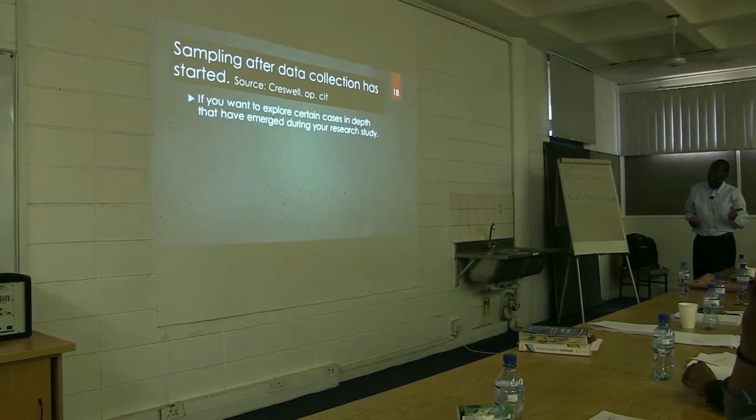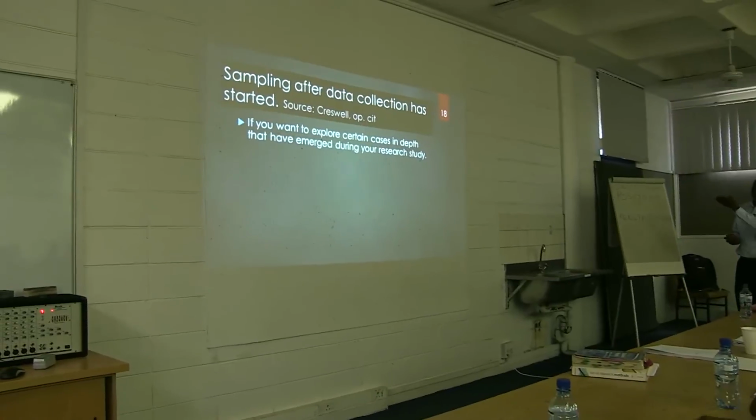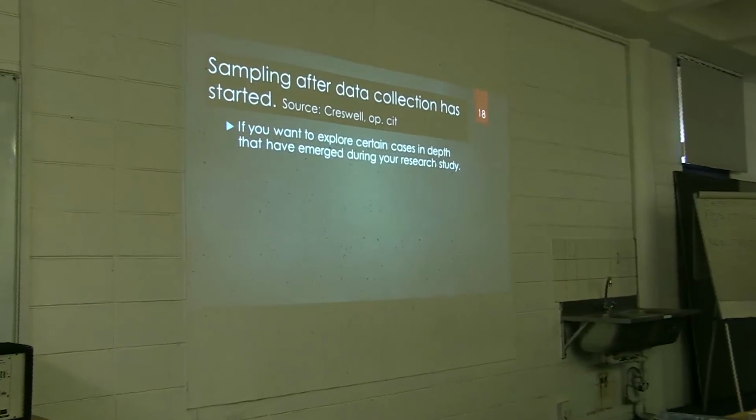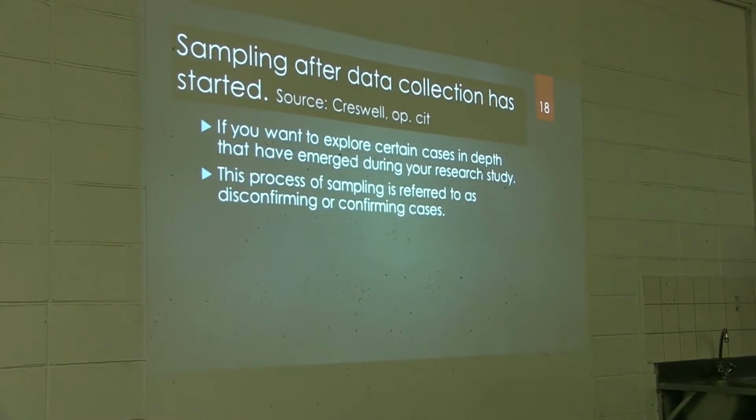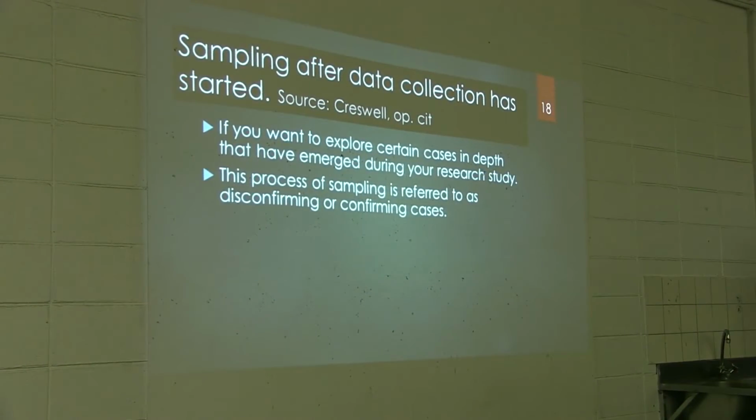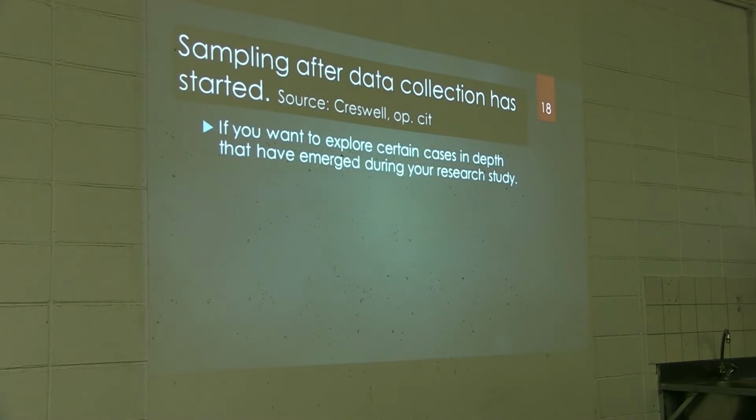Sampling after data collection has started. If you want to explore certain cases in depth that have emerged during your study, this process of sampling is referred to as disconfirming or confirming cases. Okay? Let's go back.